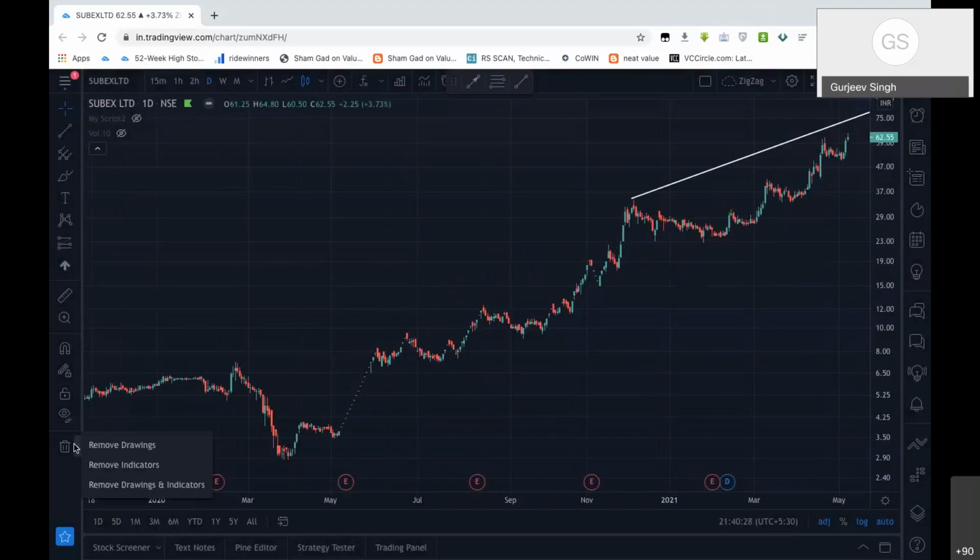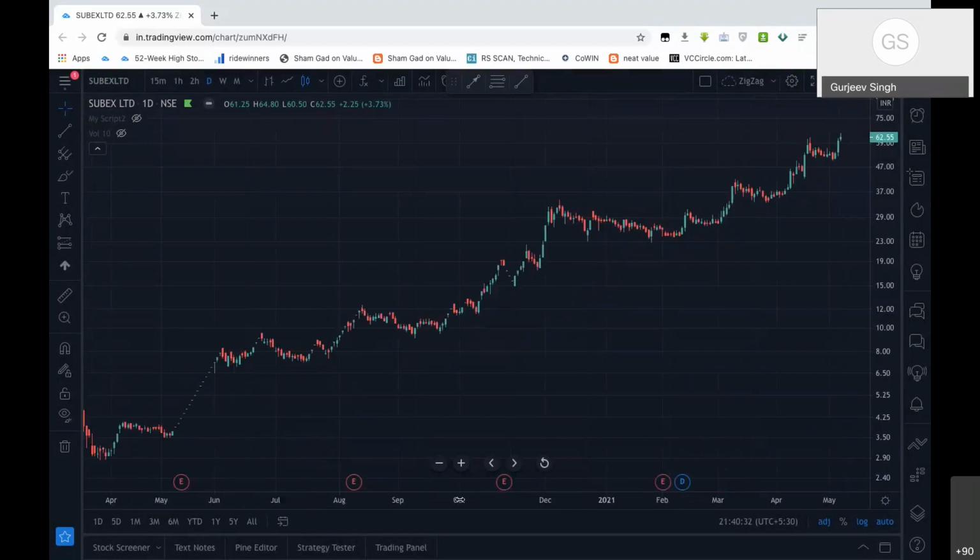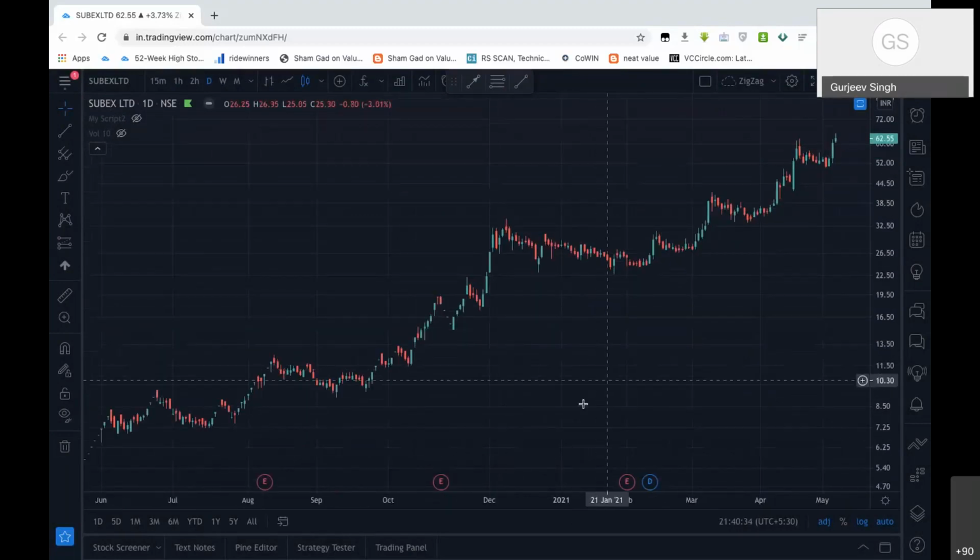Okay. So just as a recap, and removing all the drawings, this is a daily chart of Subex, and I have disabled all moving averages and volume; there is absolutely no indicator on this chart. What you can see is a clear chart. Again, as a recap, last time we tried to identify swing points.